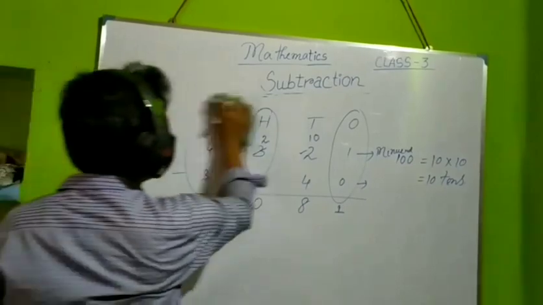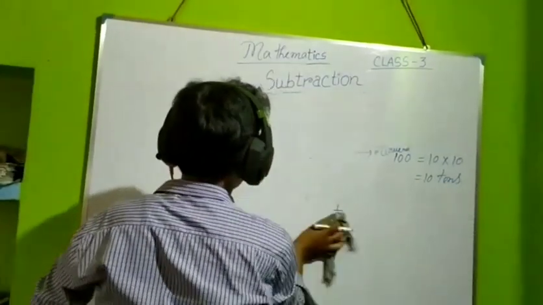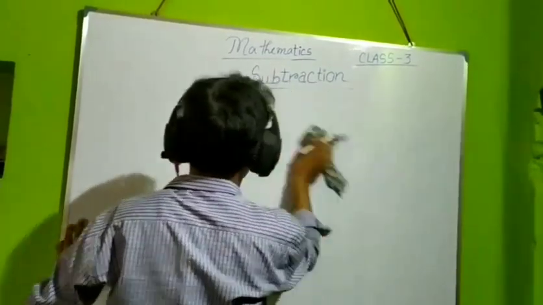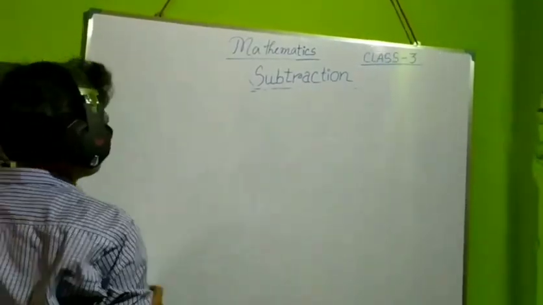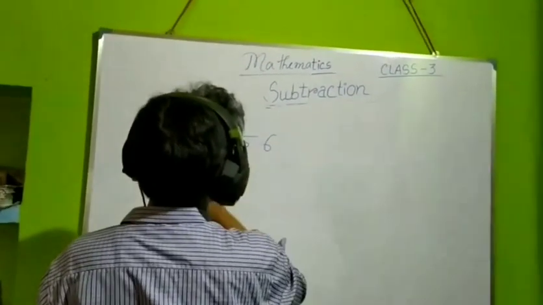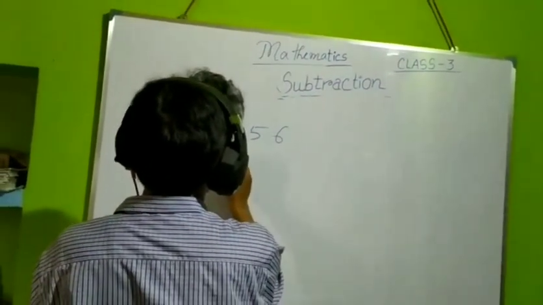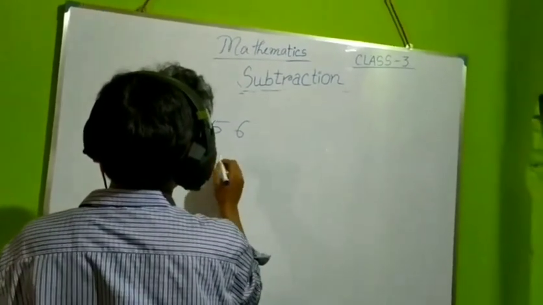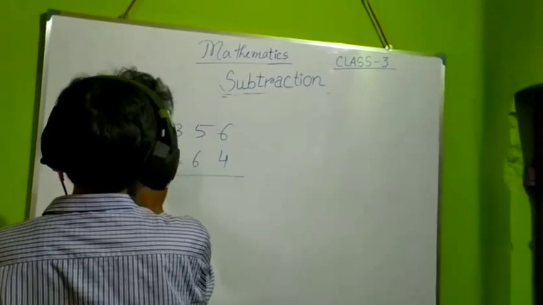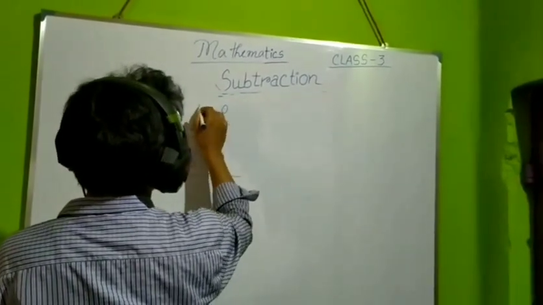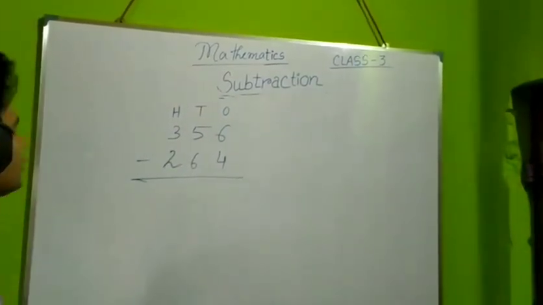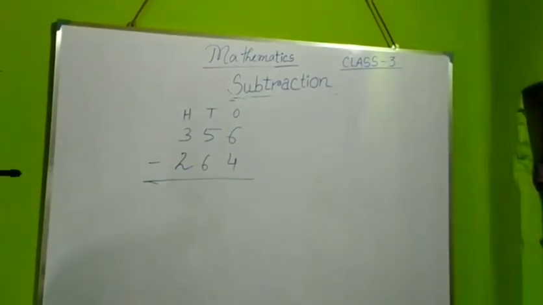Just look at this. 3, 5, 6. Then it is written 2, 6, 4. Now we have to subtract this 264 from 356.